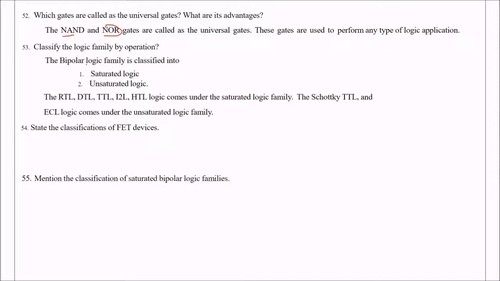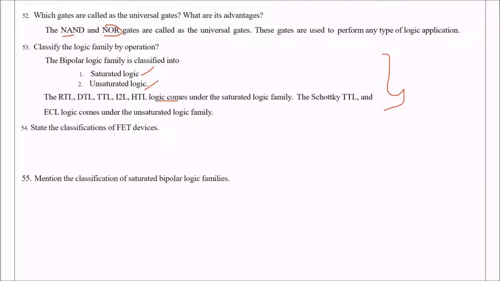Then classify the logic family by operation. As we have just seen, we have already seen this question. First, the bipolar logic family, which is classified into saturated logic and unsaturated logic. Then you have RTL, DTL, TTL, I2L, STL.